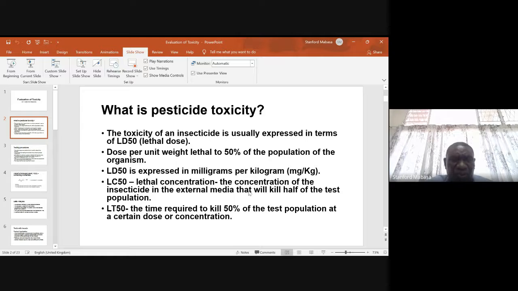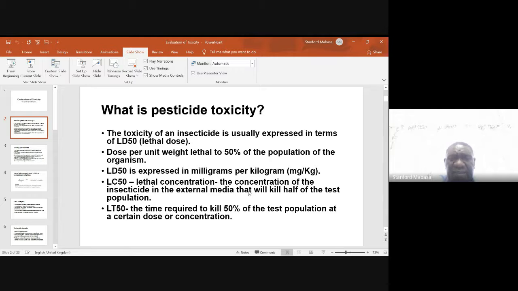We also talk of LC50. This is the lethal concentration. It is the concentration of the insecticide in the external media that will kill half of the test population.